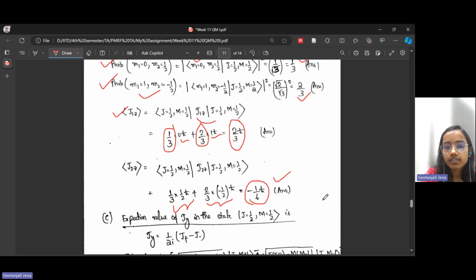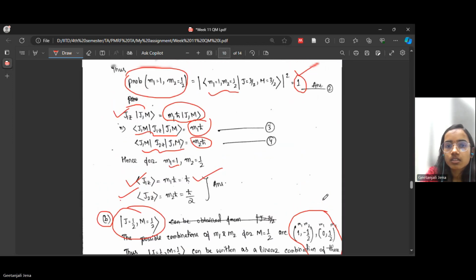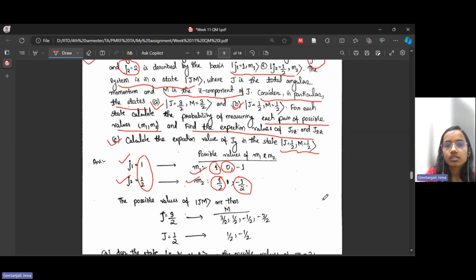Now let us move to the next part of this question, which is the last part. So let us see what was the last part. The last part, which is the C part, is to calculate the expectation value of Jy in the state J equal to half and M equal to half.